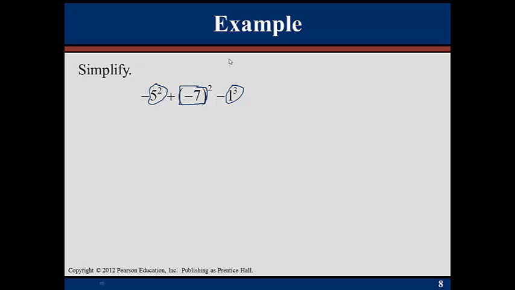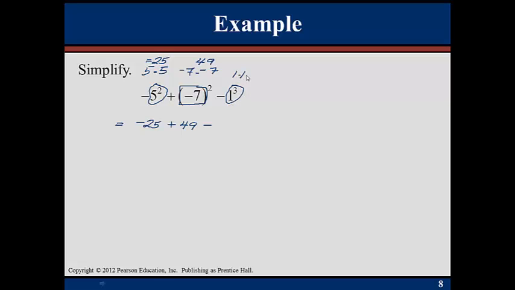Okay. So we're going to do our order of operations. So the first thing we're going to do is exponents, because all we have are exponents. Remember, this negative stays. And then we're going to do 5 squared, which is 5 times 5, which is 25. So now I have negative 25 plus, this time I have negative 7 actually squared, so that means negative 7 times negative 7, which is positive 49, minus 1 to the 3rd power.